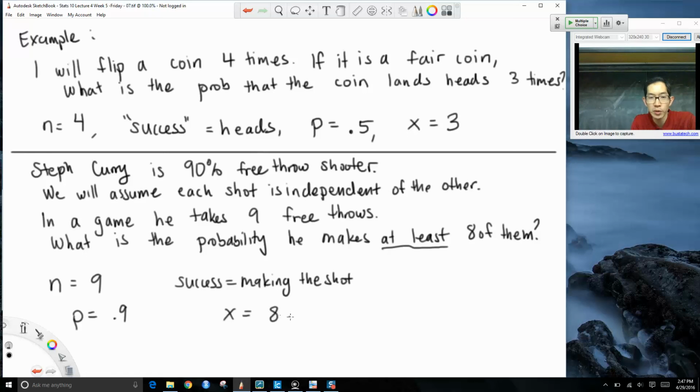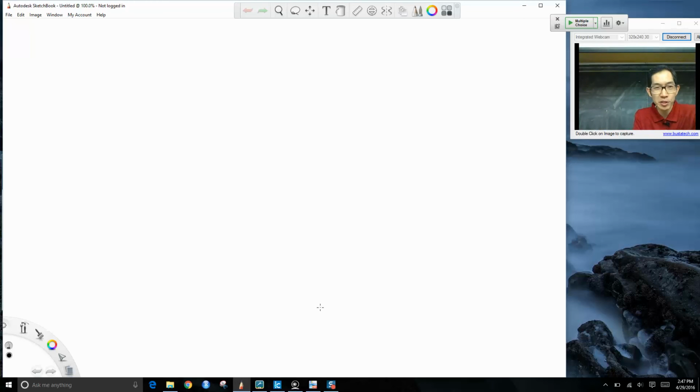It's 8 or 9. Because it says at least 8, our x is both 8 and 9. We want to know the probability of getting x equal to 8 or x equal to 9. And again, we'll learn how to calculate all of these values on Monday.